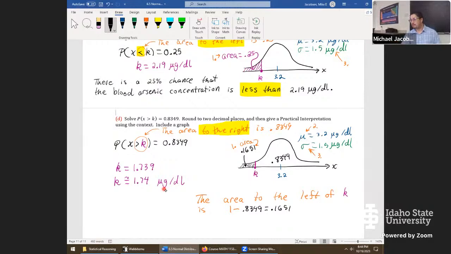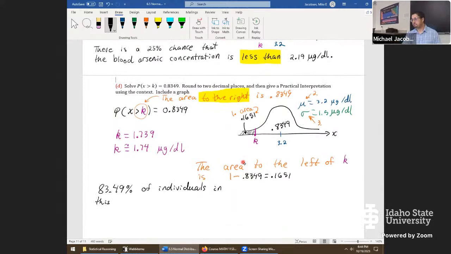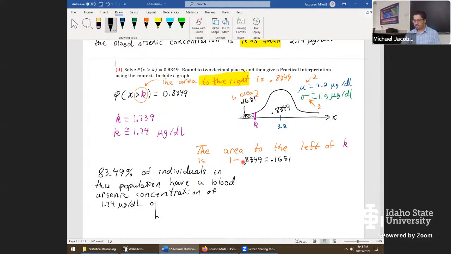But you could also say 83.49% of individuals in this population have a blood arsenic concentration of 1.74 milligrams per deciliter or higher.